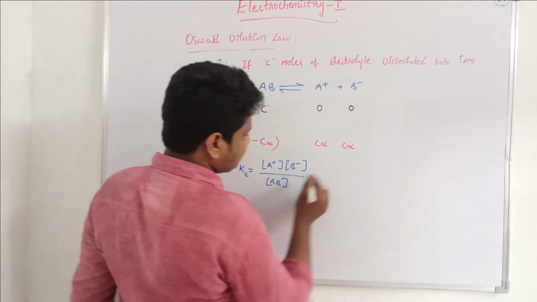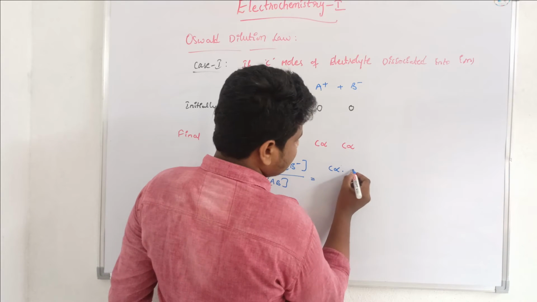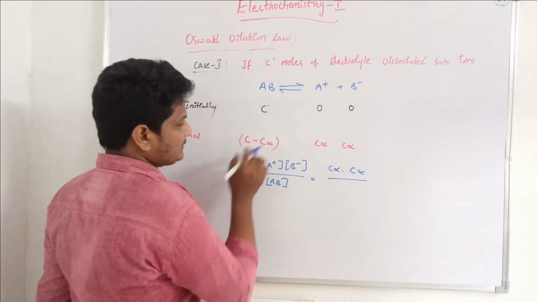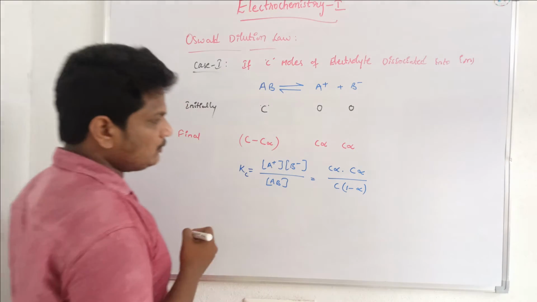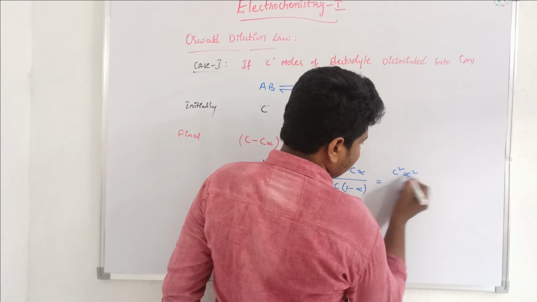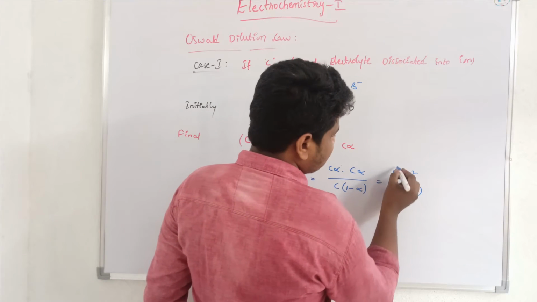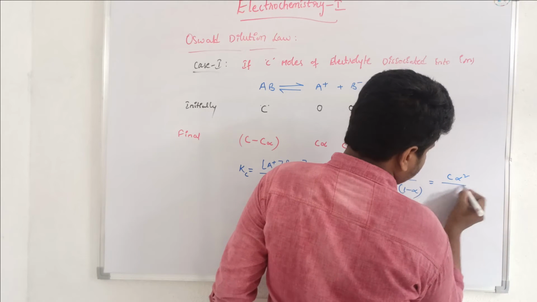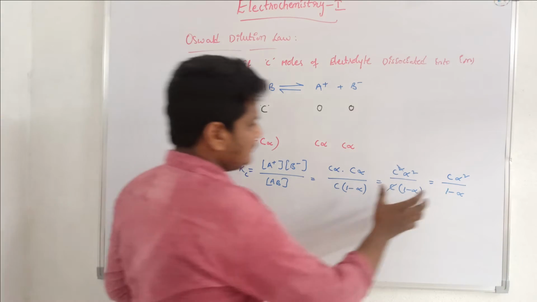So the concentration of A plus is C alpha, times the concentration of B minus, also C alpha, divided by C minus C alpha, which can be written as C into 1 minus alpha. That is equal to C square alpha square by C into 1 minus alpha. Here C cancels with one power of C, so we have C alpha square by 1 minus alpha. This is what we got in this equation.